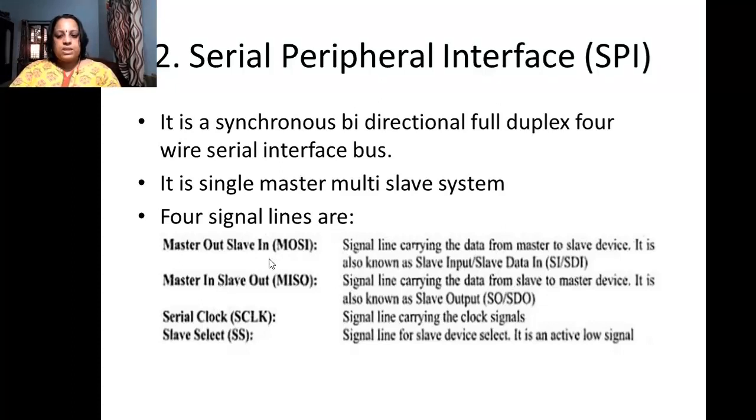We have master out, slave in, which means the data transfer occurs from the master to the slave. So if the data transfer is supposed to be from master to slave, then the data is sent across through this line. And if the data transfer has to occur from the slave to the master device, then the master in, slave out signal or data line is used.